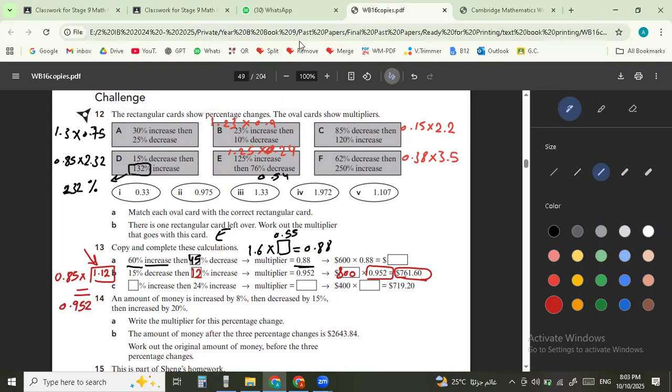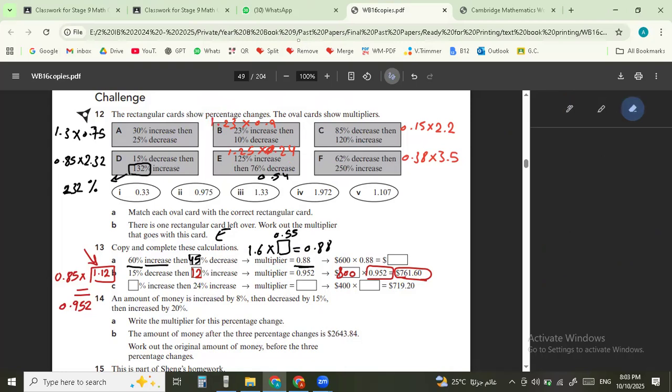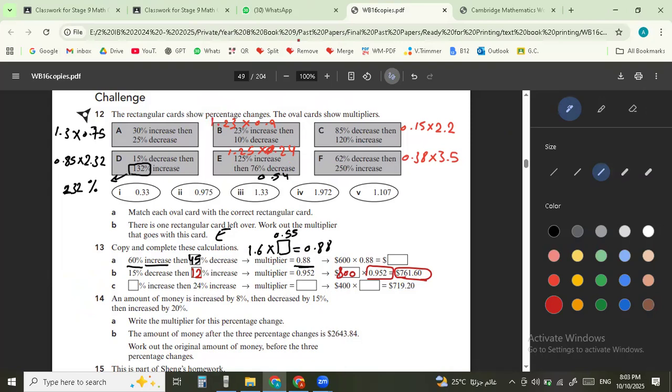The last one here says, what percent increase then 24% increase? The multiplier of it is unknown. $400 times the multiplier that is unknown here. What does that mean?